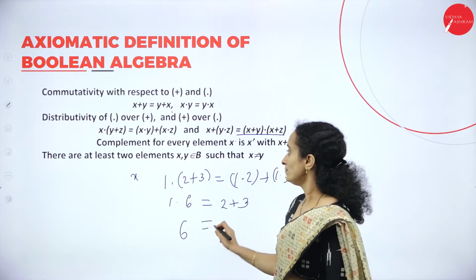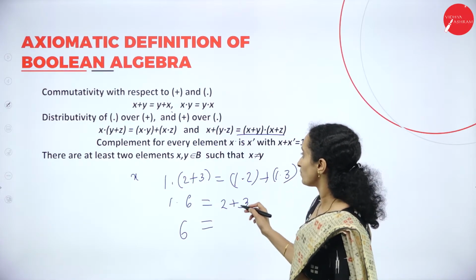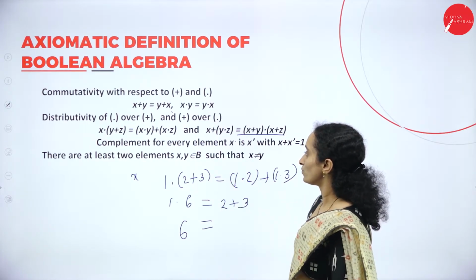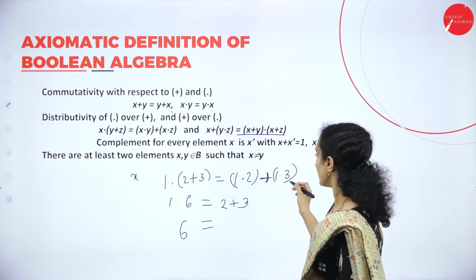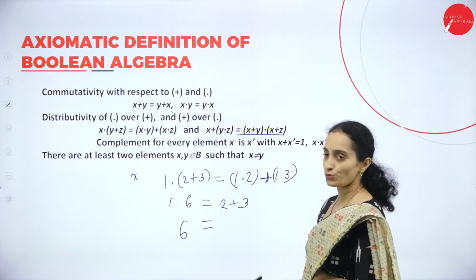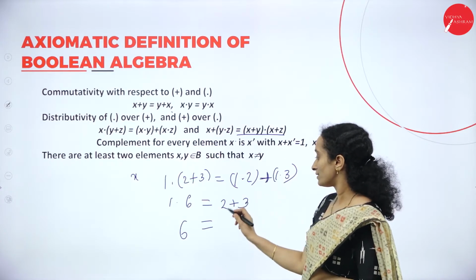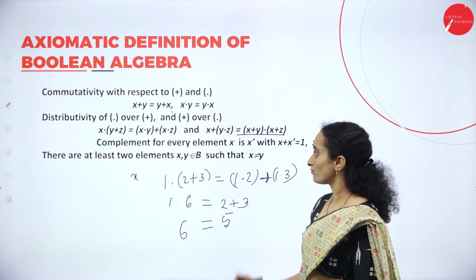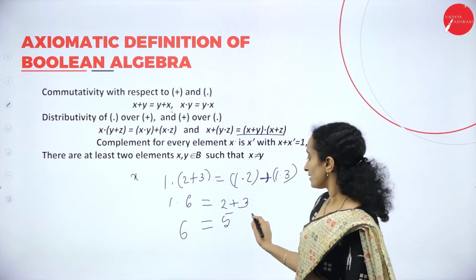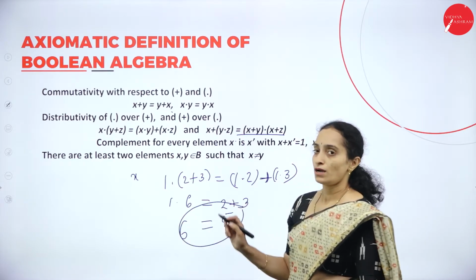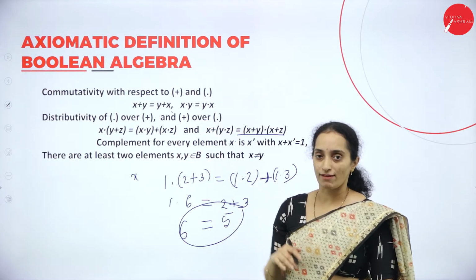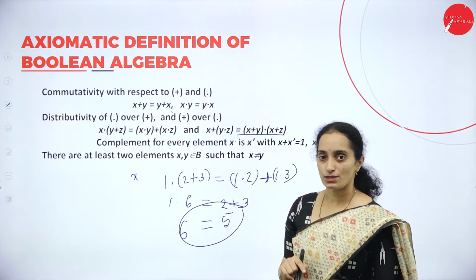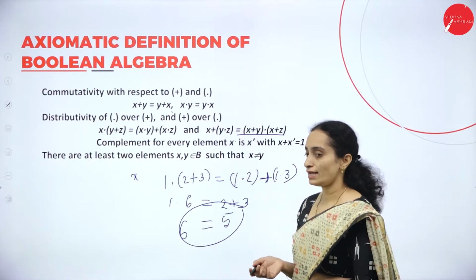Is it holding good? 1 into 2 is 2, 1 into 3 is 3, 2 plus 3 is equal to 5. But this does not hold good in normal mathematics, but holds good in Boolean values when you have only zeros and ones, that we will check later.